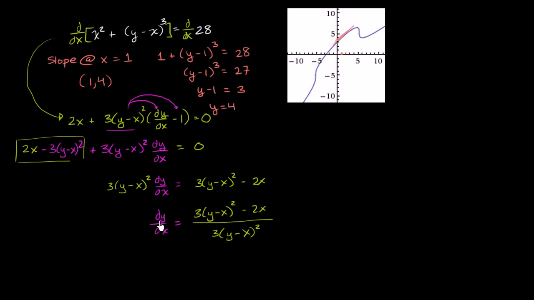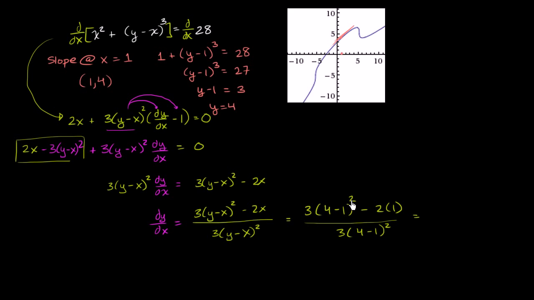So what is the derivative of y with respect to x? What is the slope of the tangent line when x is 1 and y is equal to 4? Well, we just have to substitute x is equal to 1 and y equals 4 into this expression. So it's going to be equal to 3 times (4 minus 1) squared minus 2 times 1, all of that over 3 times (4 minus 1) squared, which is equal to 4 minus 1 is 3.